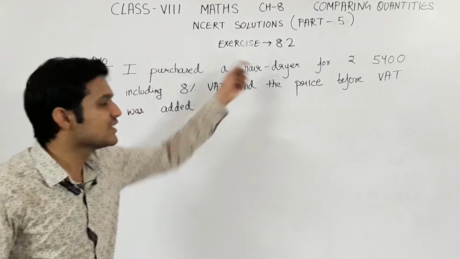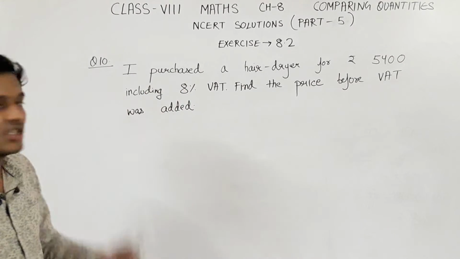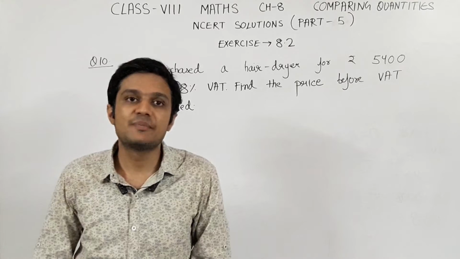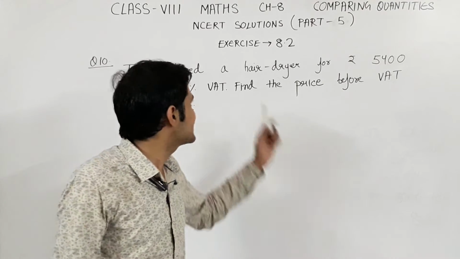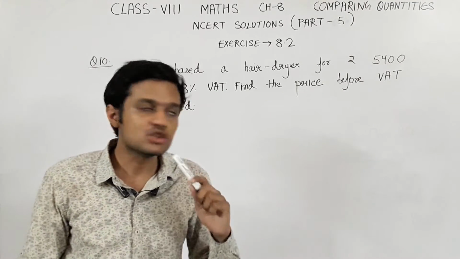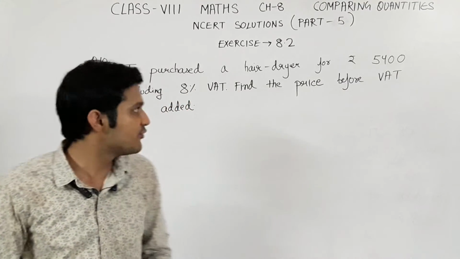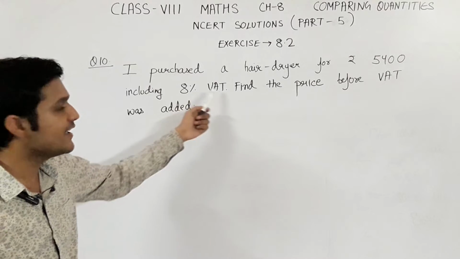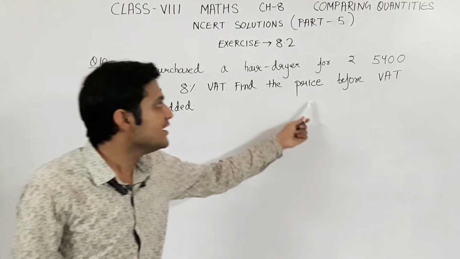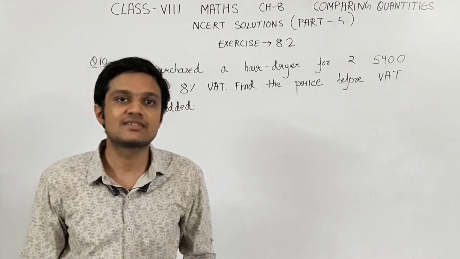Another question from this exercise 8.2, question number 10. This question is based on value added tax, that is VAT. So the question is, I purchased a hair dryer for rupees 5,400 including 8% VAT. Find the price before VAT was added.